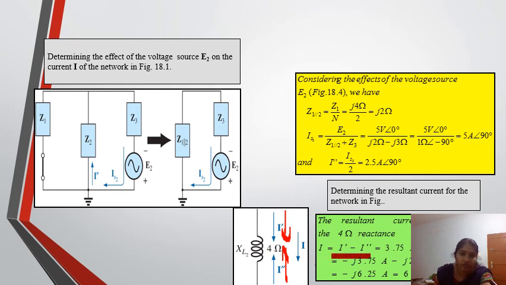Here the current direction is this way, and in the previous case it was the other way. One thing you have to take care of when calculating the current is to make sure whether the directions are the same or different. If they are the same, you can add the currents, and if they are in different directions, you take the difference.